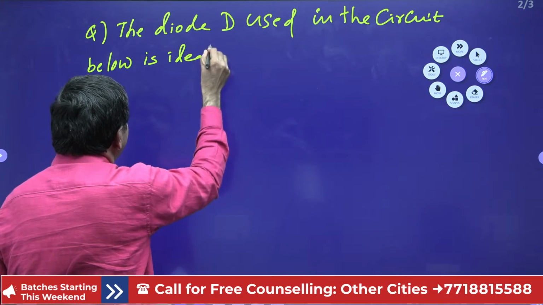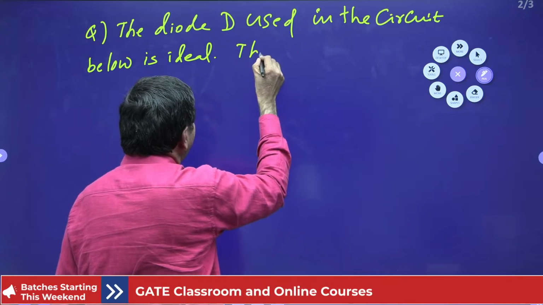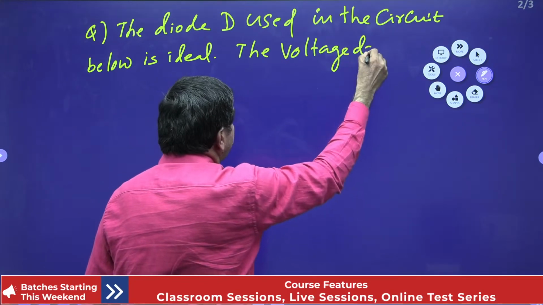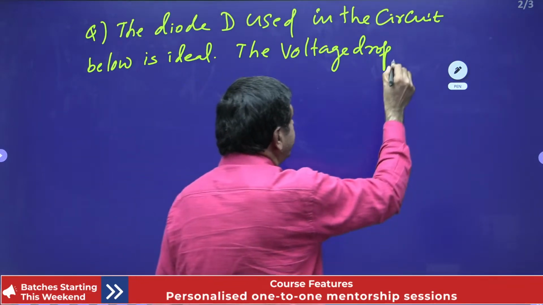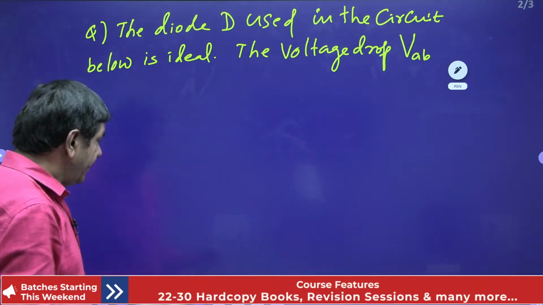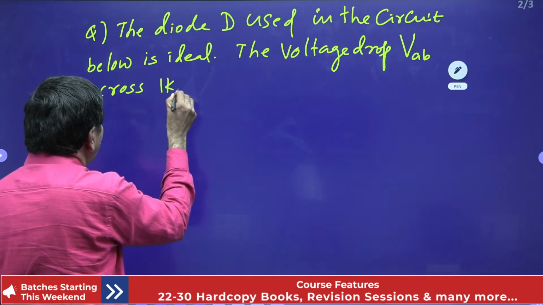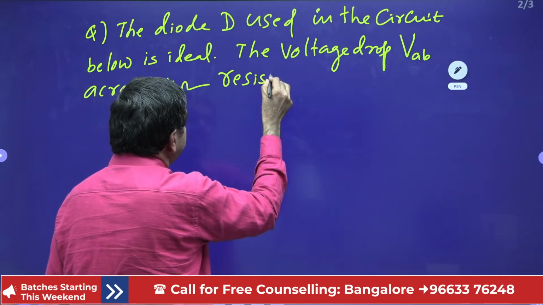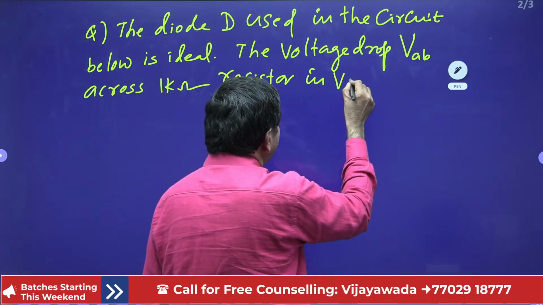The voltage drop VAB across the 1 kilo ohm resistor in volts is dash. You make an effort to get the answer.